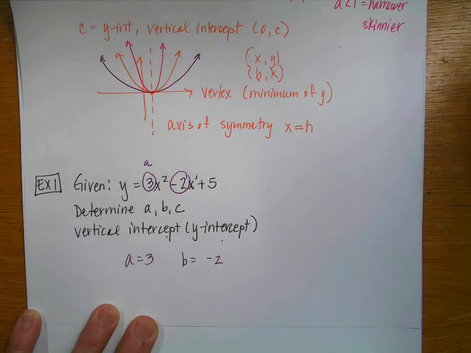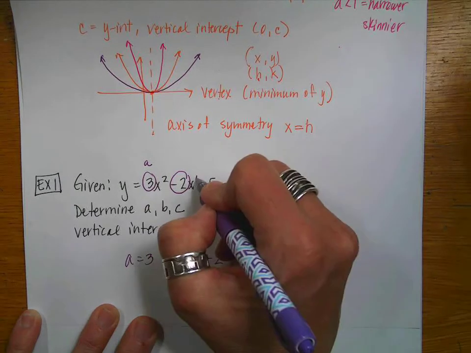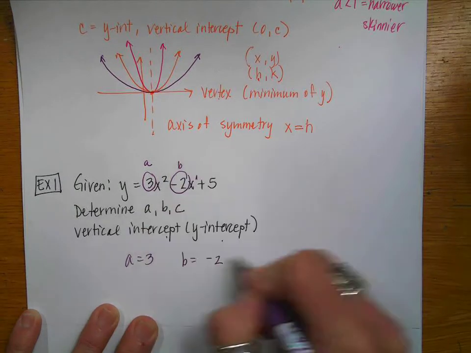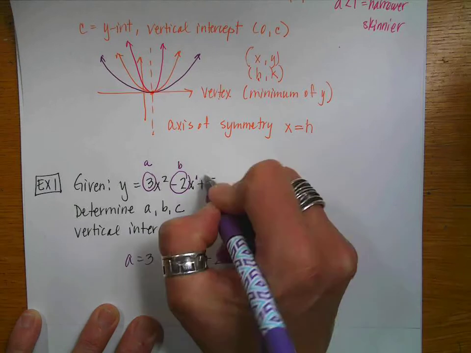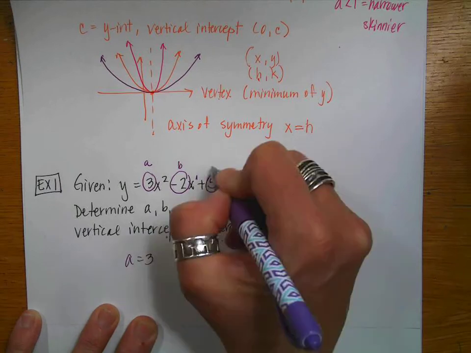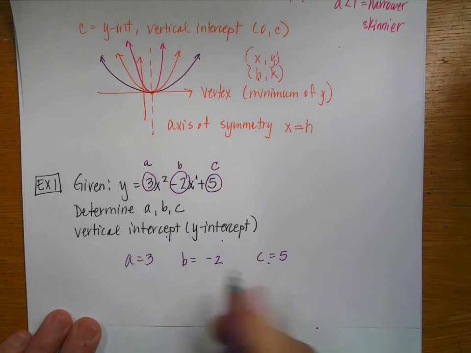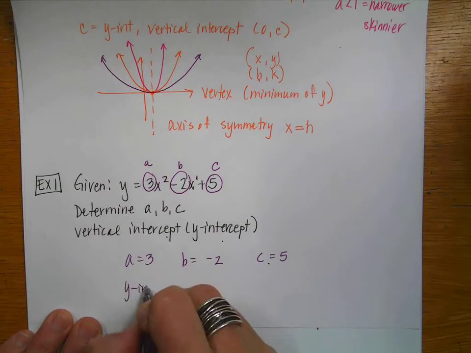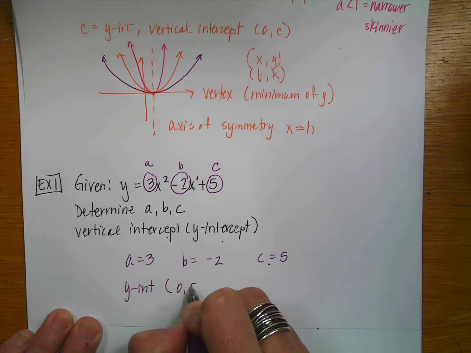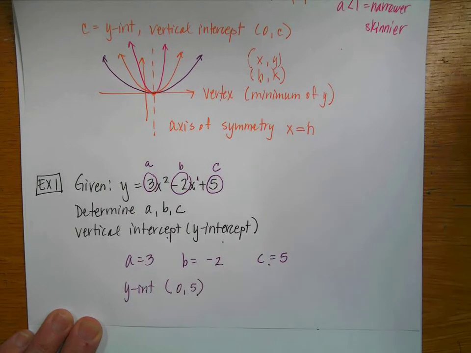It's always by the variable that has a linear power or a power of 1. And then c is going to equal 5, so this would be c. Remember that c is the y-intercept, so my y-intercept is going to be 0, 5.